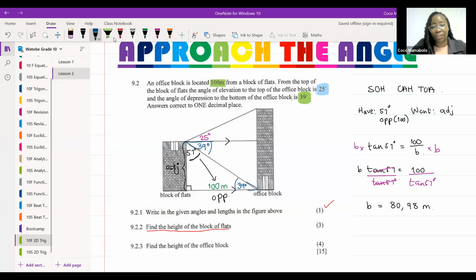Which means instead of using tan 51, we could have used tan 39. You can test it out and you'll see that you'll get the same.